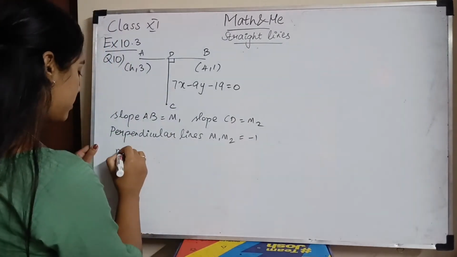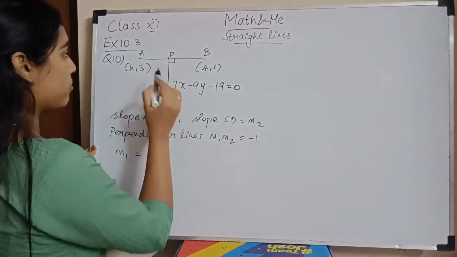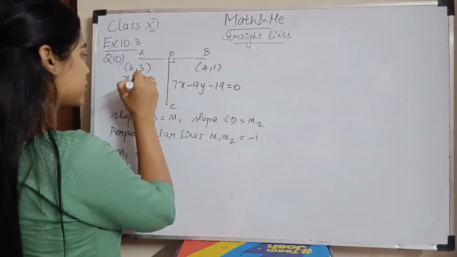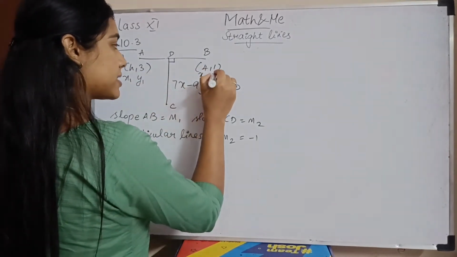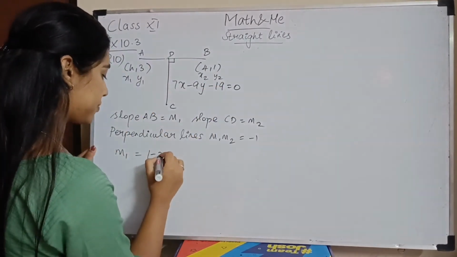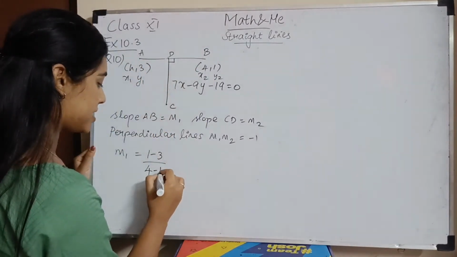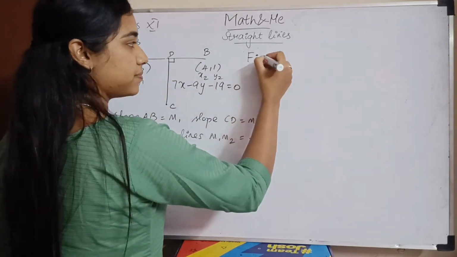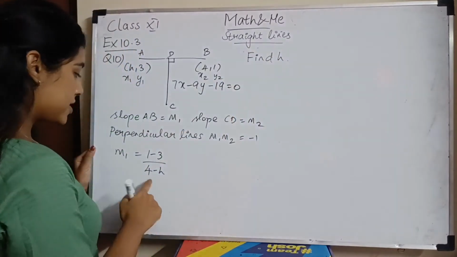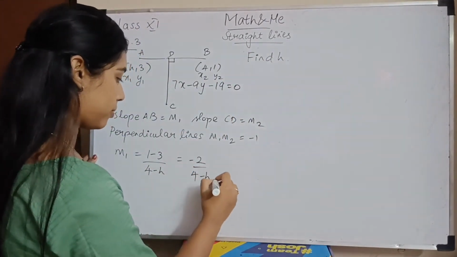So what is your M1? This is your point x1, y1, this is x2, y2. Slope is y2 minus y1 divided by x2 minus x1. So M1 is minus 2 divided by 4 minus h.